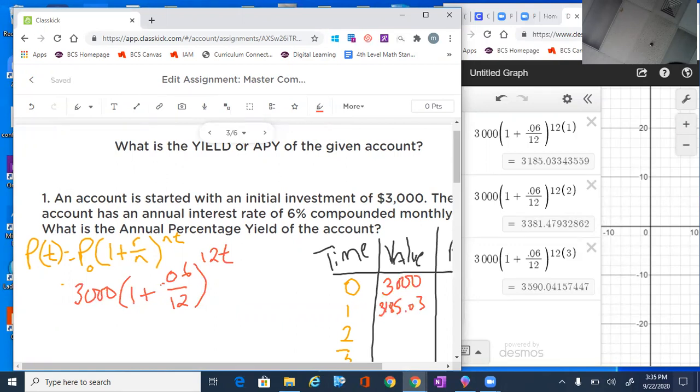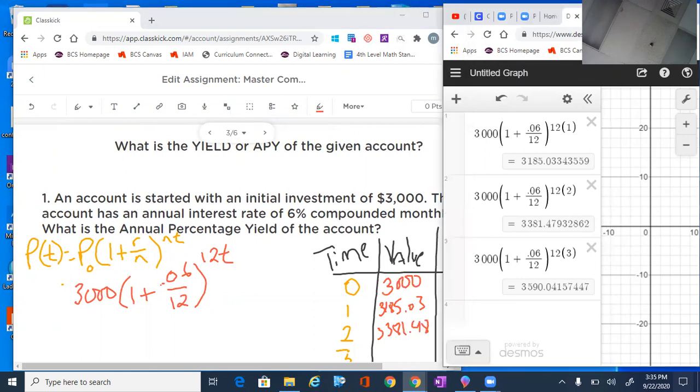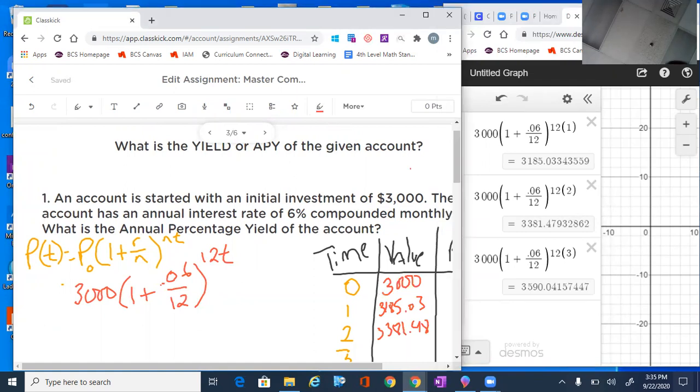After 2 years, we've got $3,381.48. And after 3 years, notice what I'm doing, I'm just putting the 1, 2, and 3 up where the t would be, I've got $3,590.04.